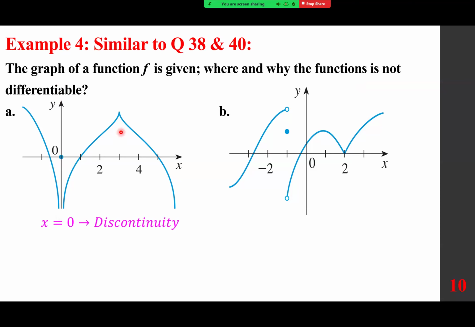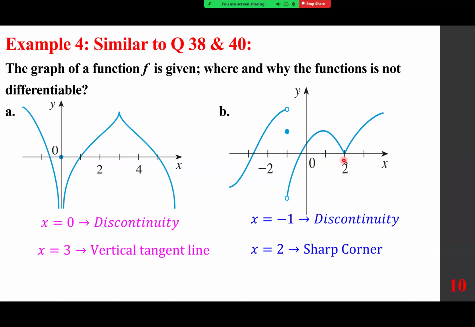Over here, at x equals 3, a vertical tangent line. We're going to distinguish between a vertical tangent line and a sharp corner in a moment. Over here, clearly there is a discontinuity at x equals -1. Over here, a sharp corner at x equals 2.